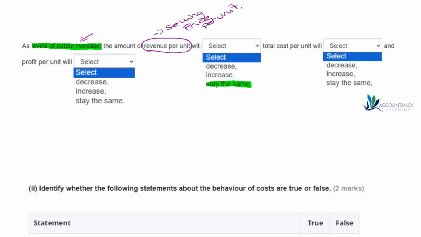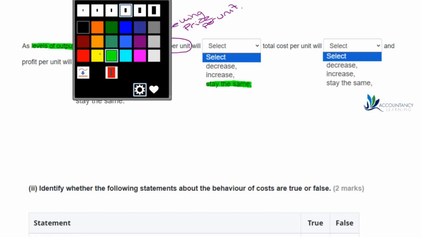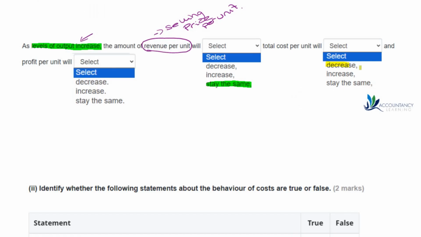Then we've got total cost per unit will, and this one is going to be decrease. And the reason for that is because our total cost will have our variable costs and it will have our fixed costs to give us our total cost.